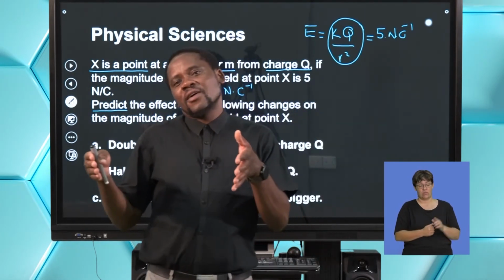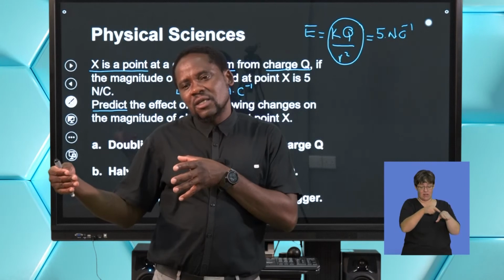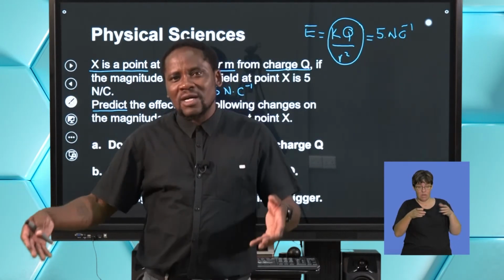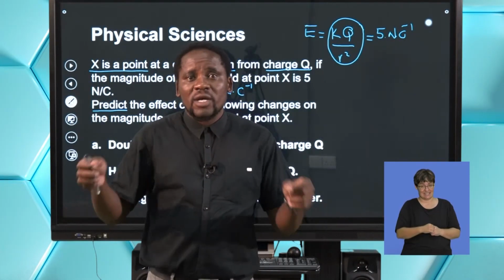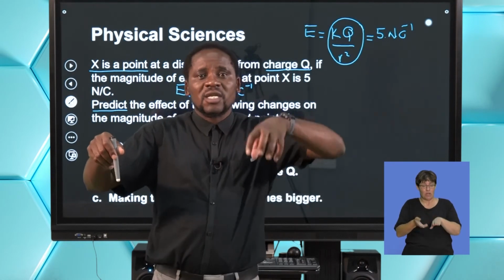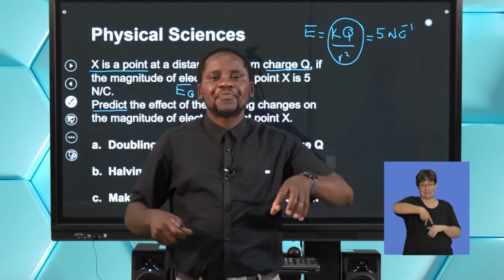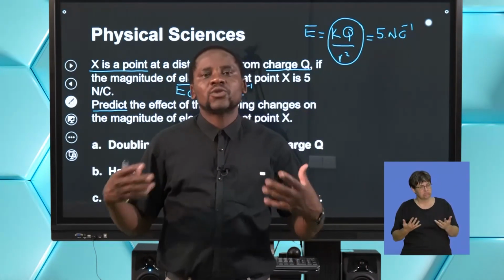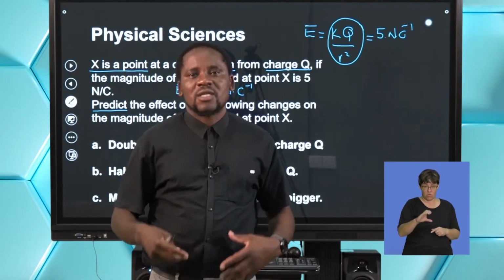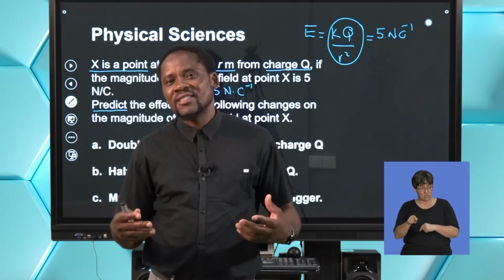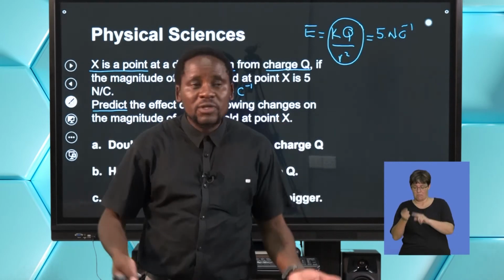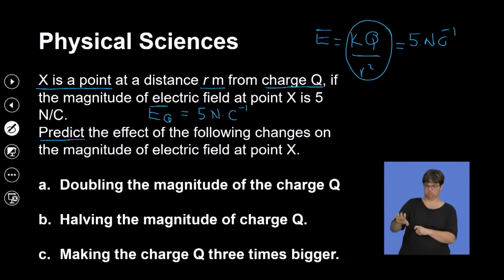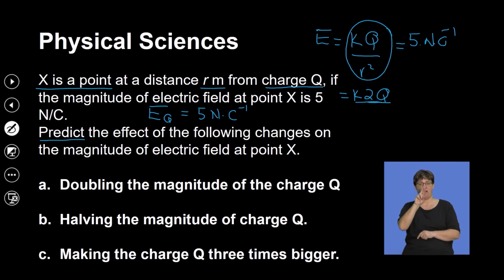So if we double the charge, does the field become stronger? Definitely does. So at the same point, using a bigger charge, we have a case whereby the force that a unit positive charge experiences becomes correspondingly greater, right? So if we double the charge, what effect do we have there? We then will have K 2Q, that's the doubling part, over R squared.